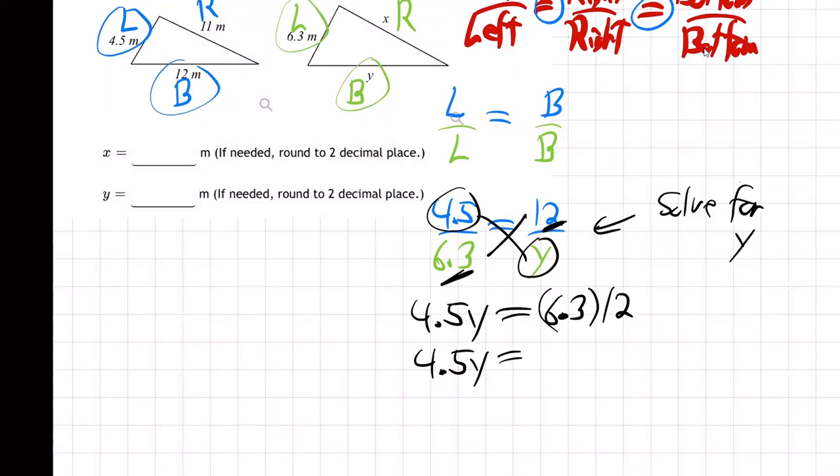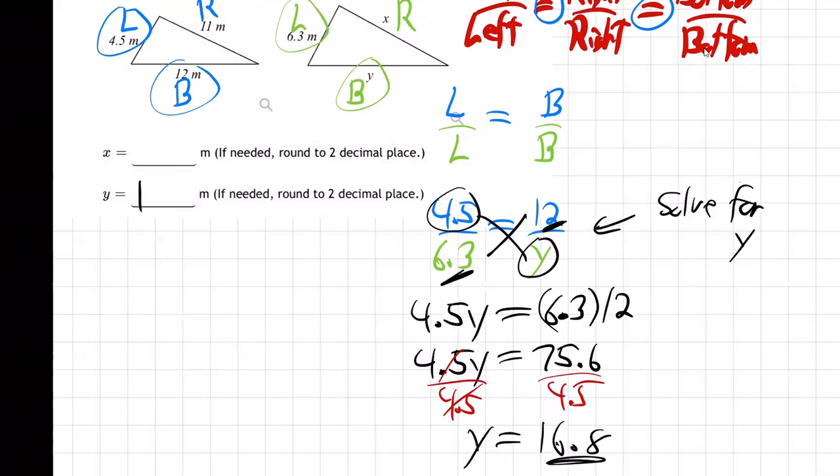I'm gonna grab mine here. 6.3 times 12, whatever that is. I'm getting 75.6. And then last step, to solve for y, divide by 4.5. Boom, boom. Y equals 16.8. So I was able to find y, 16.8.